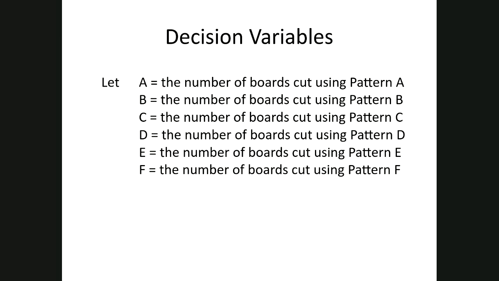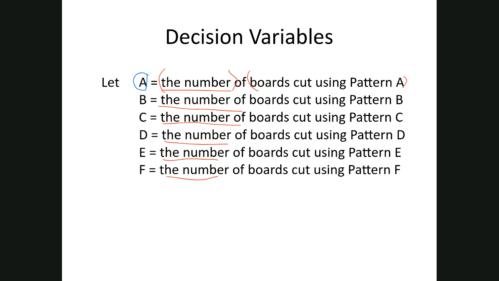So our symbols are the following: we're going to let the letter A stand for the number of boards cut that use pattern A. And again, as you will have seen in all of our cases, we're starting off our definition of the decision variable with the words the number. A decision variable has to be a number that represents, in this case, the number of boards that are cut using pattern A.